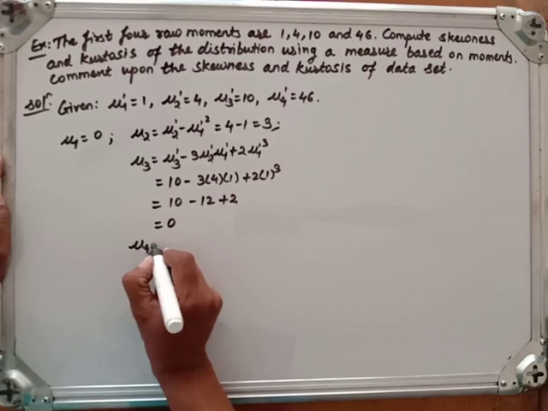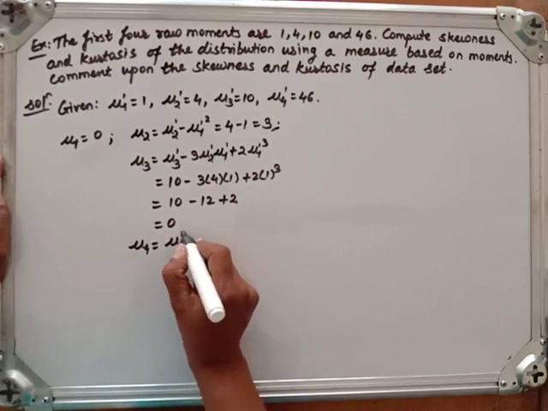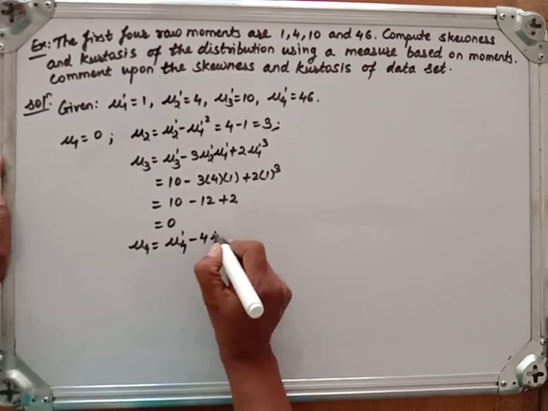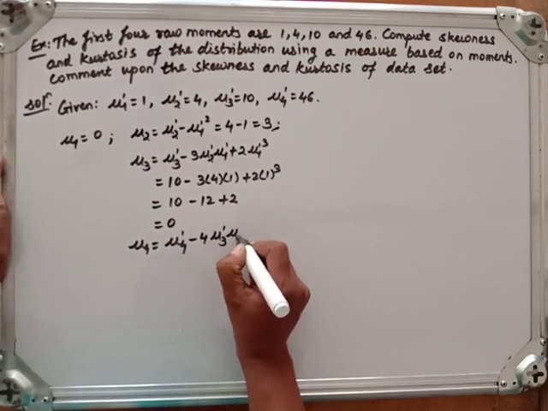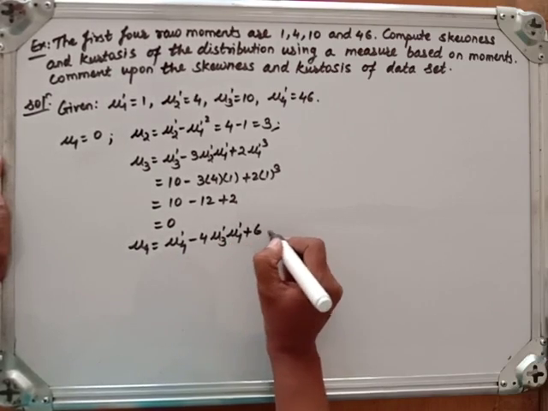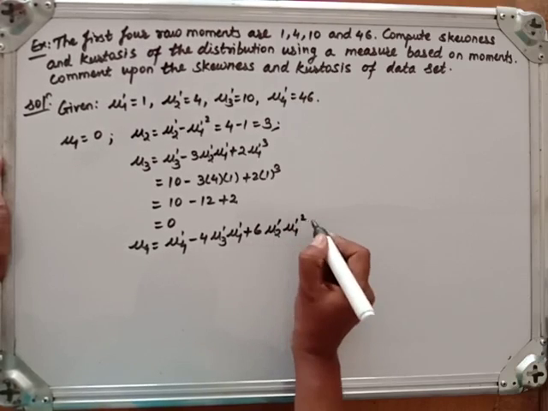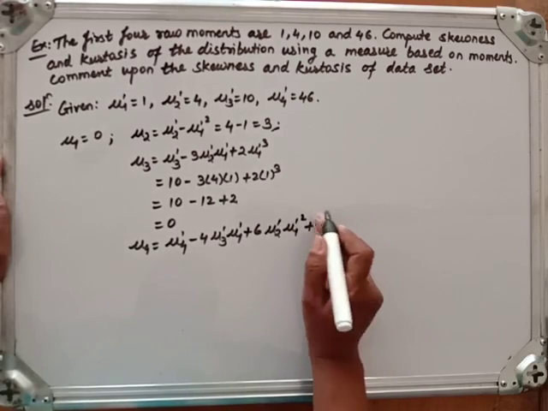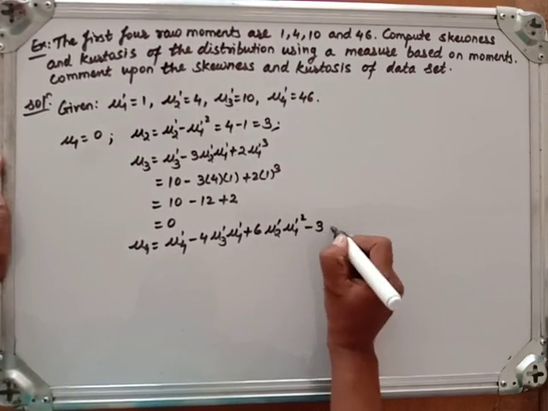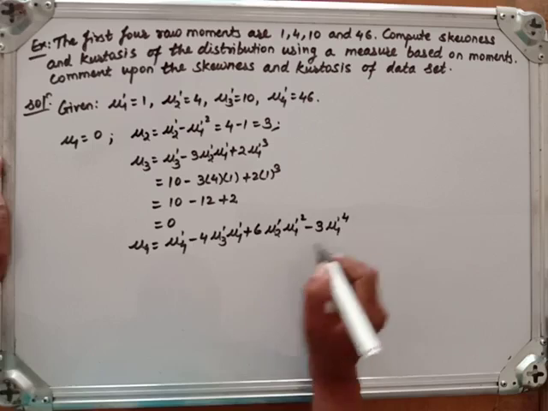Now mu4 is mu4 dash minus 4 into mu3 dash mu1 dash plus 6 into mu2 dash mu1 dash square minus 3 into mu1 dash raised to 4.